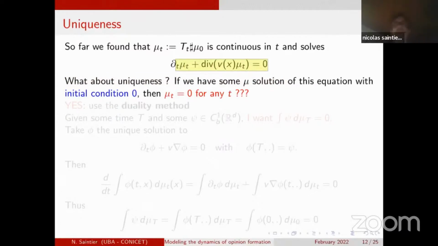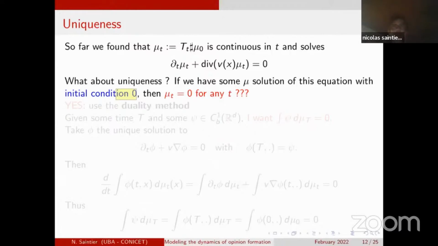So what we want to show is that if we have a solution of this equation starting from 0, that is initially we have no mass, then I would like my mu_t to be 0 at any time t. I don't want any mass to appear magically from nowhere.